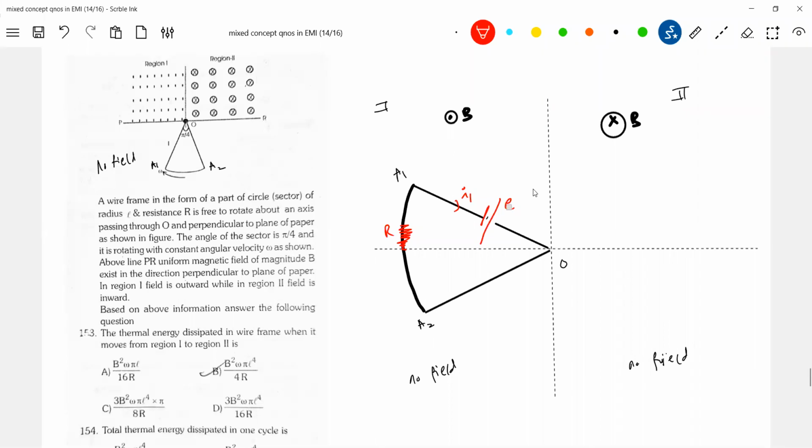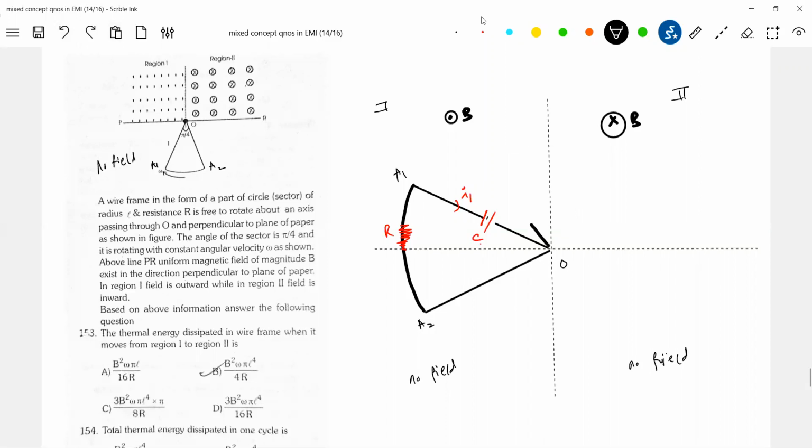Now again the same loop. When it is entering here, I have to draw another diagram.